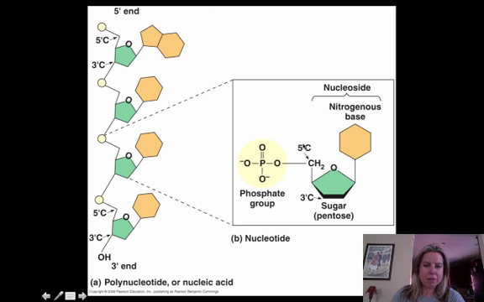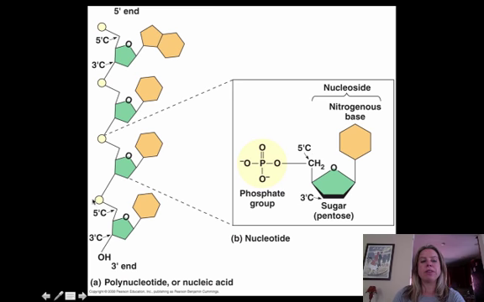They have a little apostrophe next to them, and that stands for prime. So we say 1 prime, 2 prime, 3 prime, 4 prime, and 5 prime. That lets you know we're talking about the carbons in the sugar and not in the nitrogenous base, because those could all be carbons too.